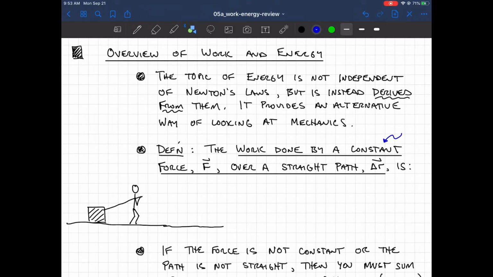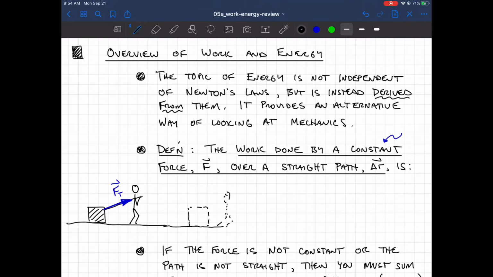So let's try and show what that means. So if you're dragging a box across a floor, let's say that you have some tension force that's being applied to the box. As you move that box, it's going to go from one place to another, and so maybe it will end up over here in the end.